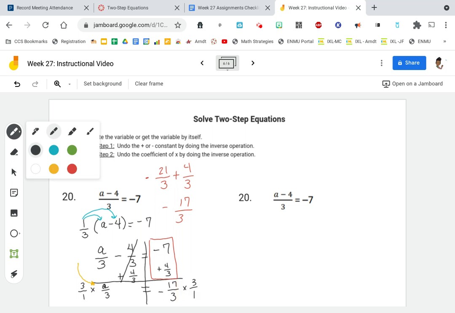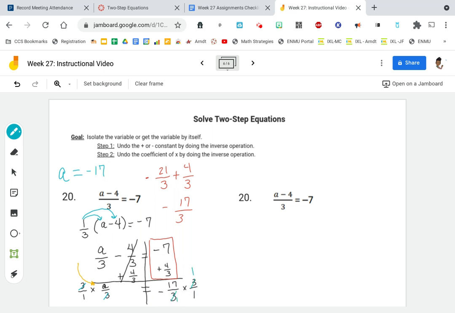So this 3 here and that 3 there are going to cancel out, leaving us with just a. And since I'm out of room, I'm going to write this up top. a equals, and then on the right-hand side, this 3 and that 3 simplify out, leaving us with negative 17 over 1. Negative 17 divided by 1 is just negative 17.